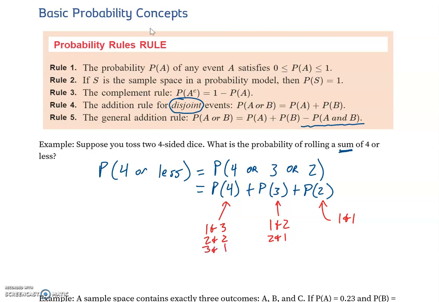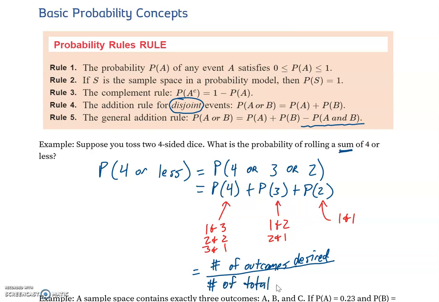So when we're going for probabilities, we need to know, okay, 3 possible outcomes out of how many? 2 possible outcomes out of how many? So we can say this on the top: the number of outcomes for our event, or I should say the number of outcomes desired, right, we want to get a sum of 4, 3, or 2, versus the number of total outcomes.